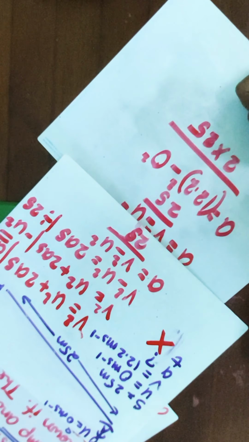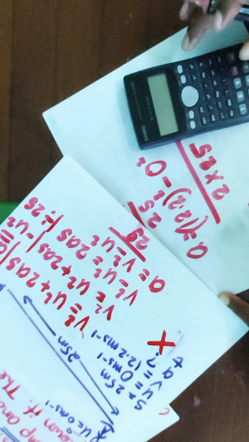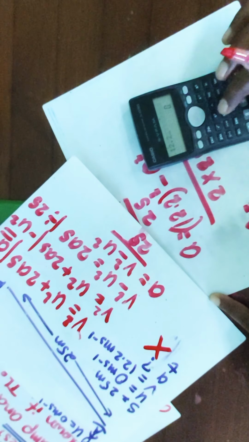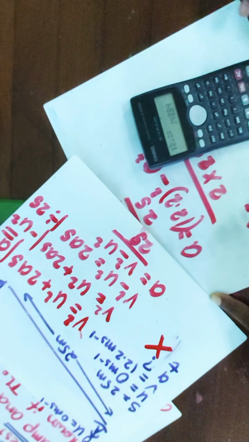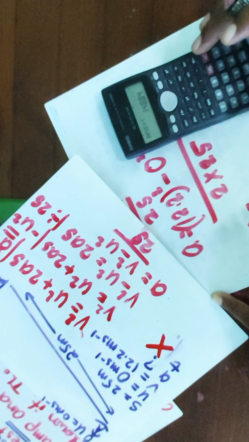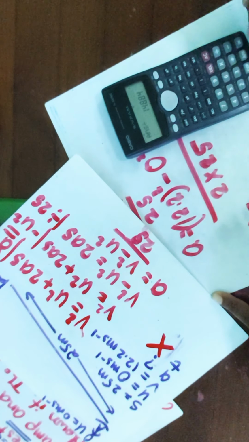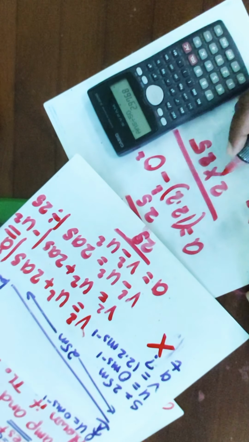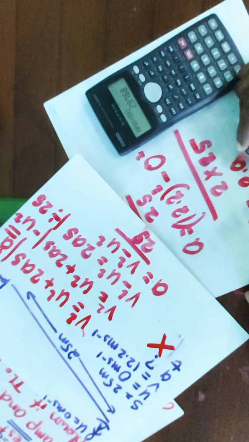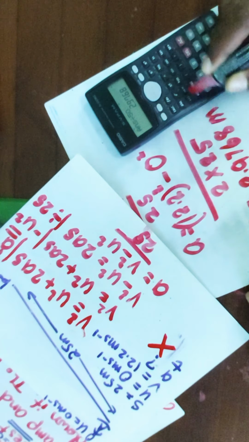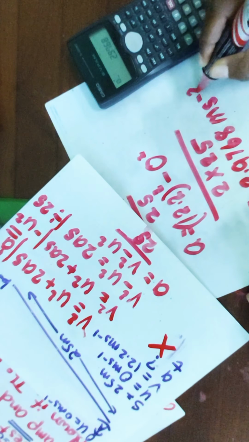So if you have your calculator, let's punch that in. We have 12.2 squared minus 0, we know that it's 0, and then we divide by 2 times 25, which is 50. And therefore our answer will be 2.9768 meters per second squared.